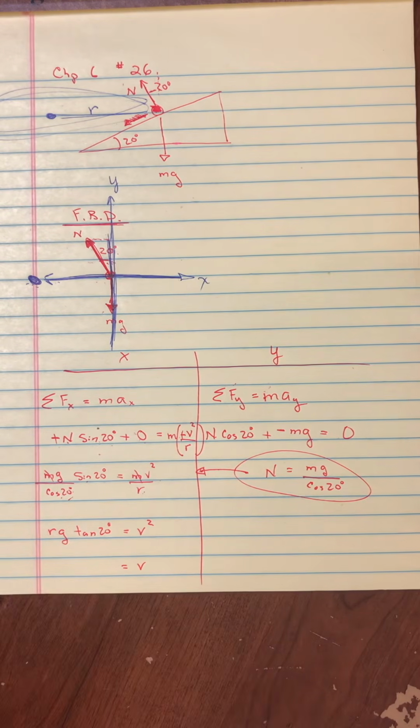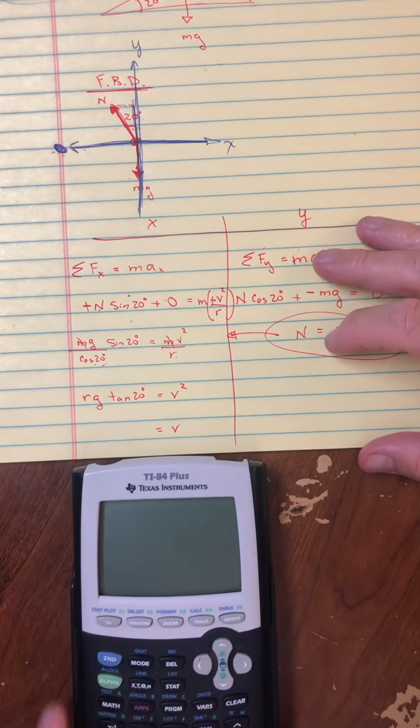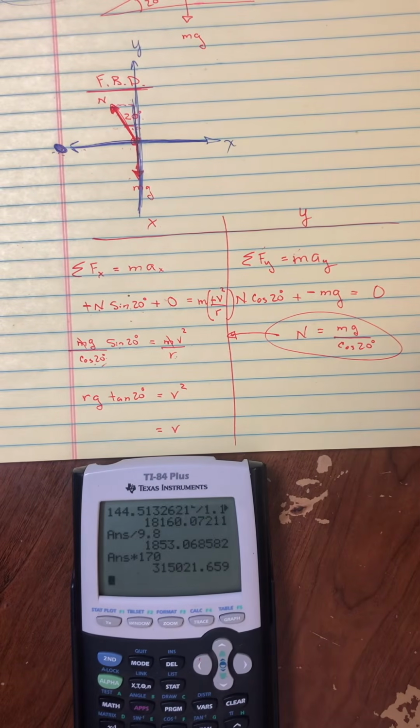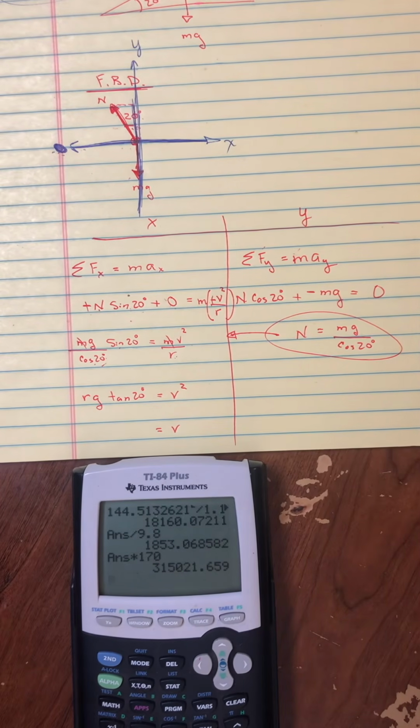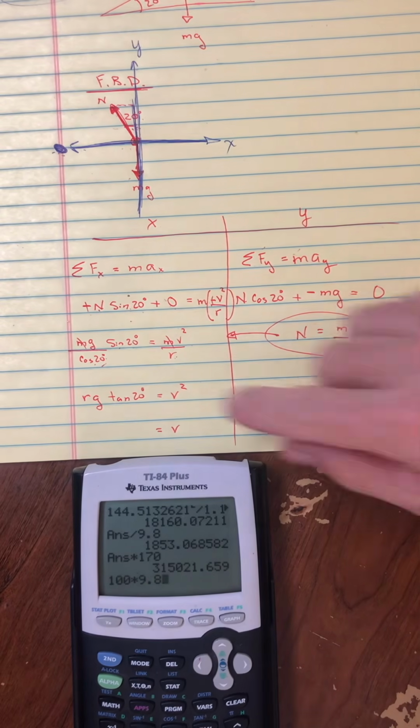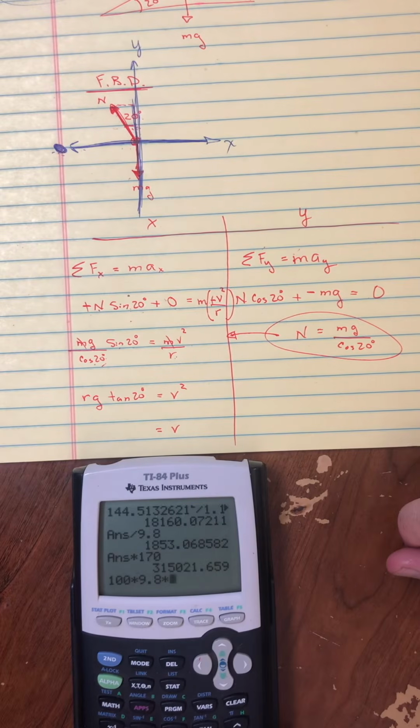And so putting those numbers in for this particular problem, the radius of that curve, what was it, 100 meters? Yeah, so 100 meters, and then times 9.8, then times the tangent of 20 degrees.